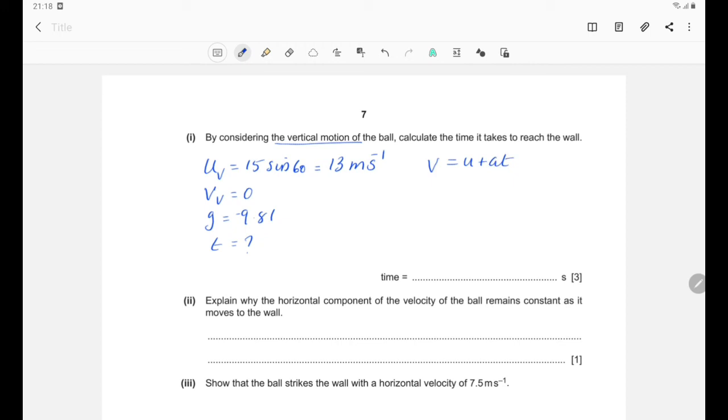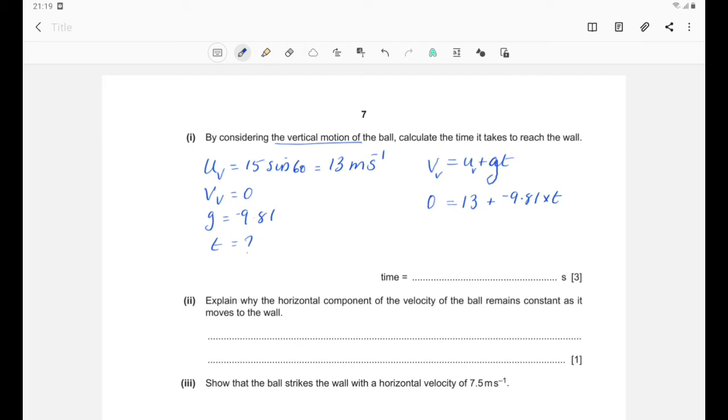Now you can substitute the values, and as we are considering only vertical, everything you can write down as vv. Since this acceleration is acceleration due to gravity, we can even put g t. Now you can substitute the vertical velocity. Final vertical velocity is 0. Initial vertical velocity we have calculated 13, plus g value is minus 9.81 times time t. Now you need to find t. So you can make t the subject.